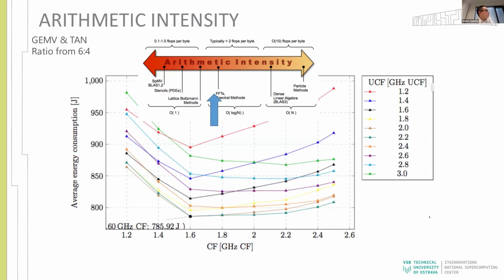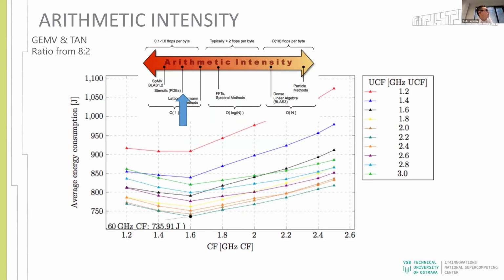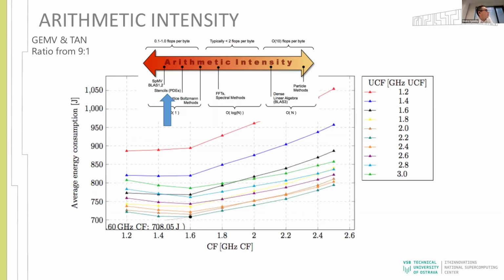Moving forward to the memory-bound case, the optimal uncore frequency remains, while the optimal core frequency can be lowered. This is just a simple example of the impact of the arithmetic intensity on the optimal configuration of the hardware, which also holds on other architectures.